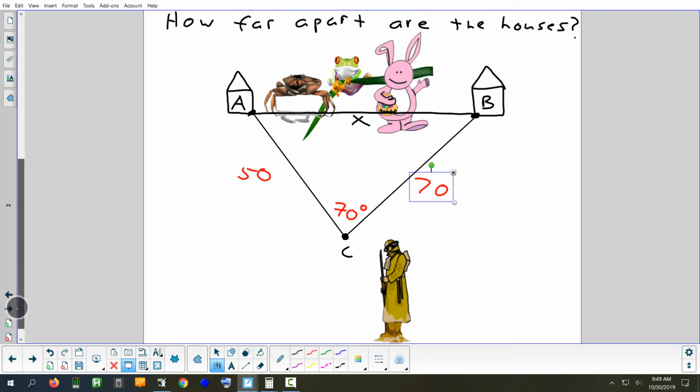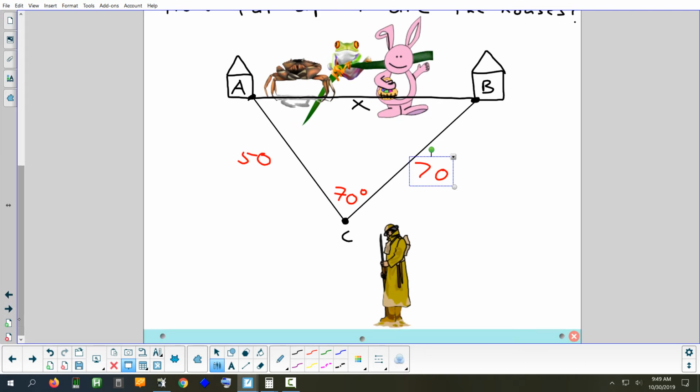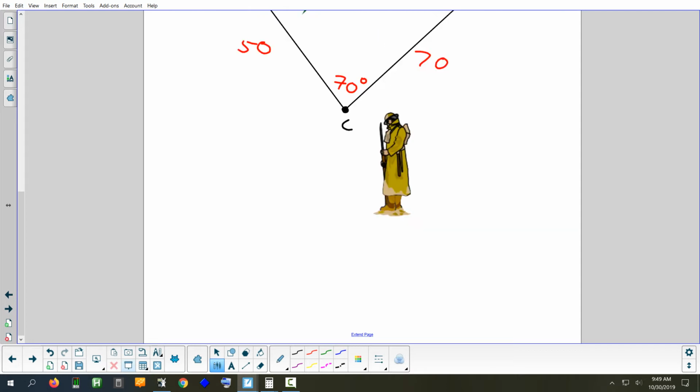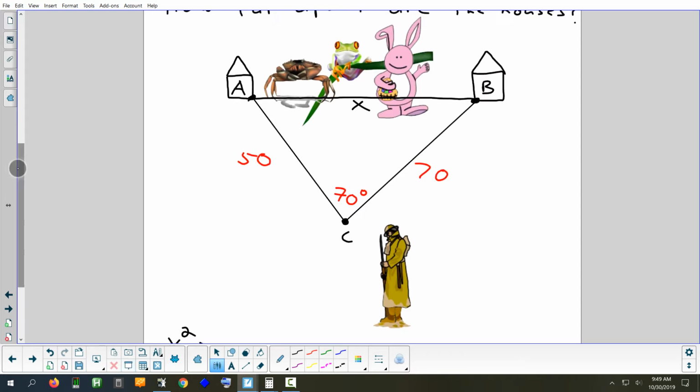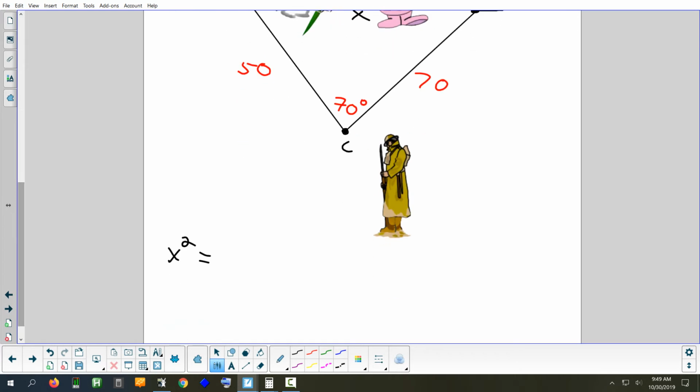So, remember the original idea: one side squared equals the sum of the other two. We don't have a, b's, and c's for sides anymore. So I'm going to start with x squared. What would be the next thing after x squared? 50 squared, yeah.